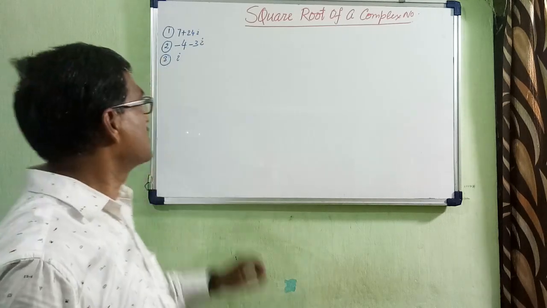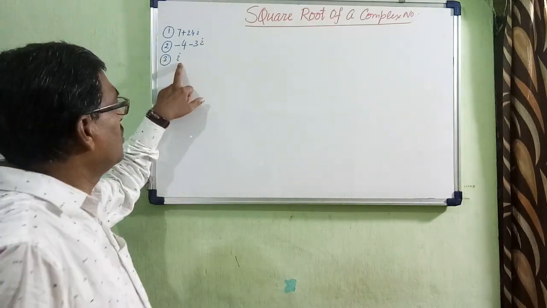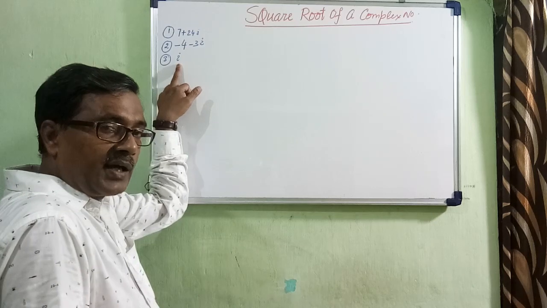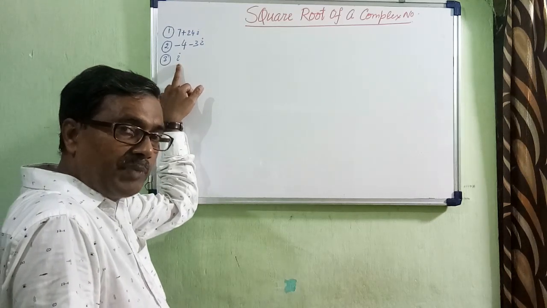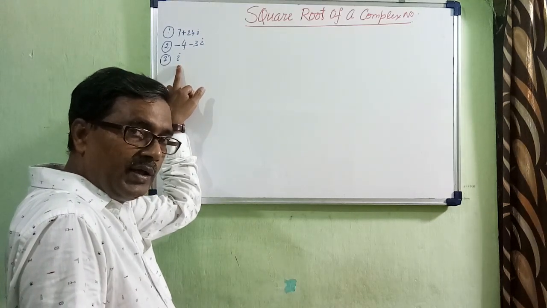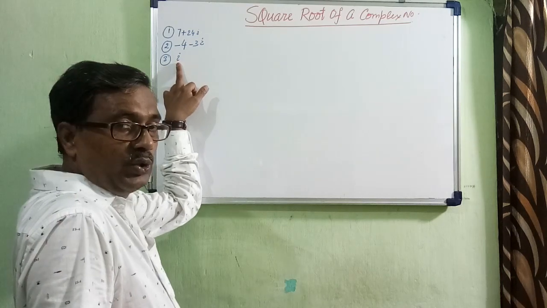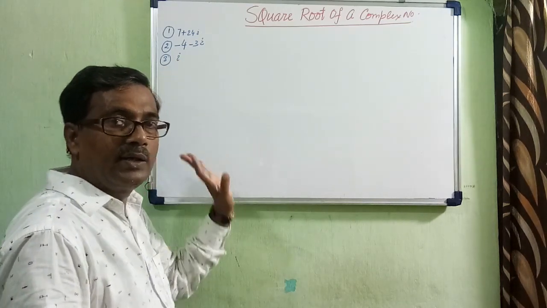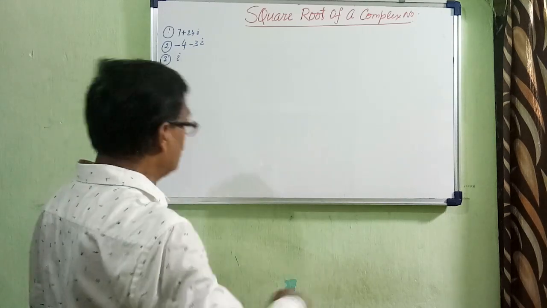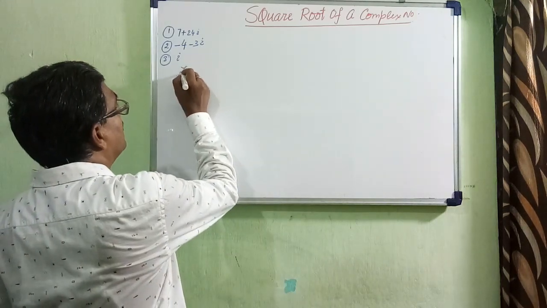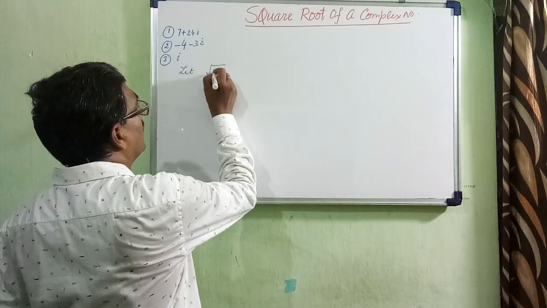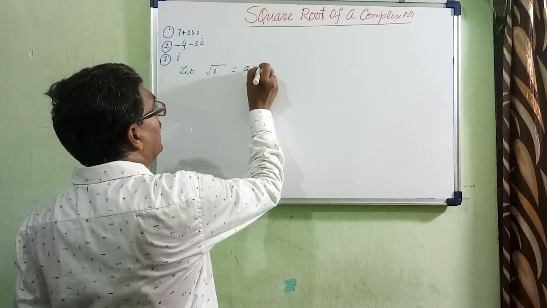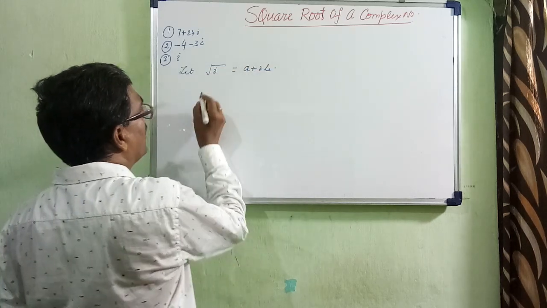Now let us discuss the third question. In the third question, when you look, it is not exactly in the format of a plus ib, but still we can do it, because a is 0 and b is 1. So it is still indirectly in a complex form. So let root over i be equal to a plus ib.